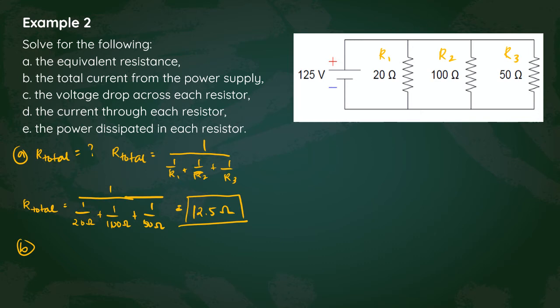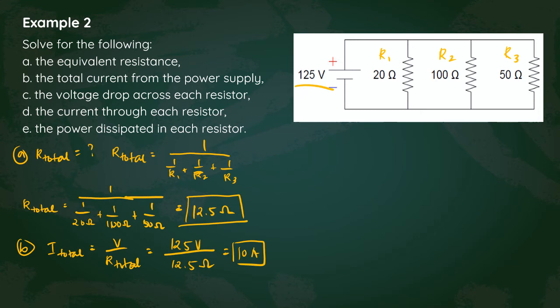So your total current, or I total, using Ohm's law, I is equal to V over R, so that's V over R total. Your V is 125 volts over R total, which is 12.5 ohms. Then that will give you a total current of 10 amperes.